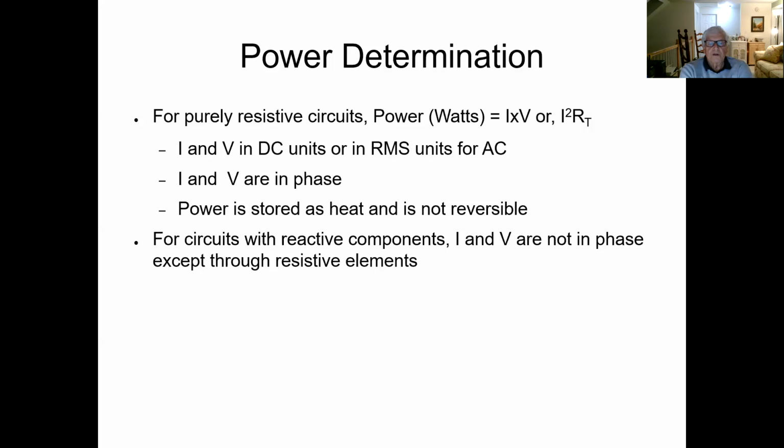So power is stored as heat and is not reversible. For circuits with reactive components, though, I and V are not in phase except through the resistive portions of it.